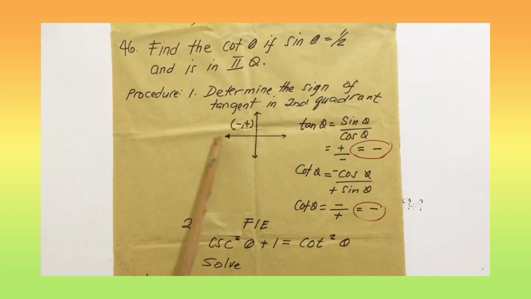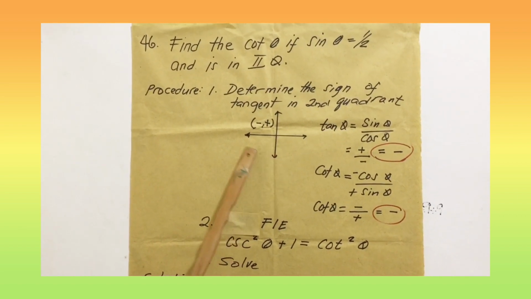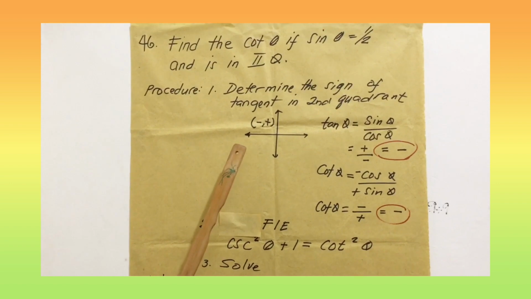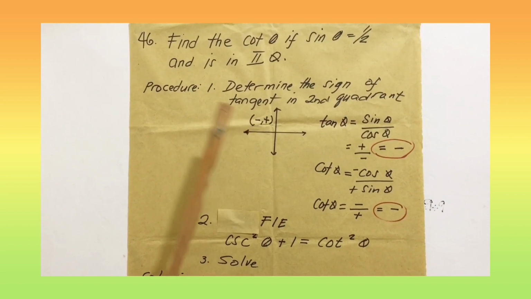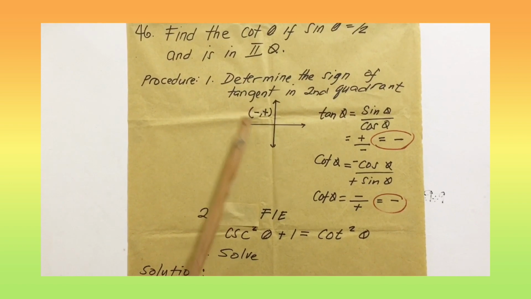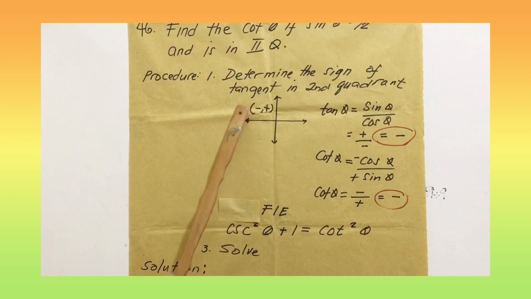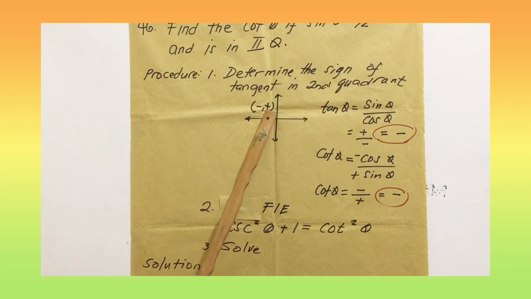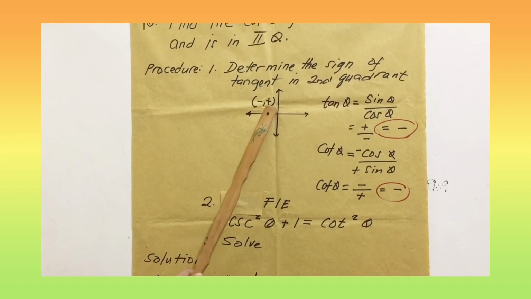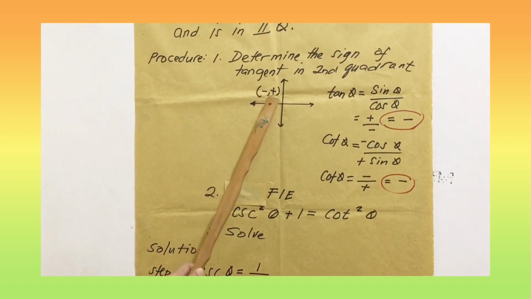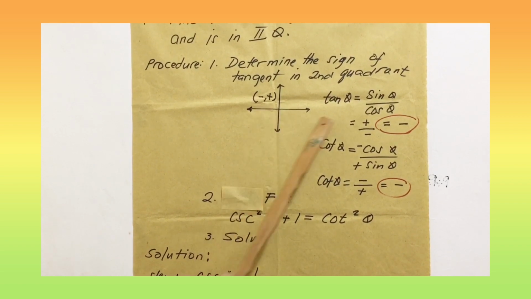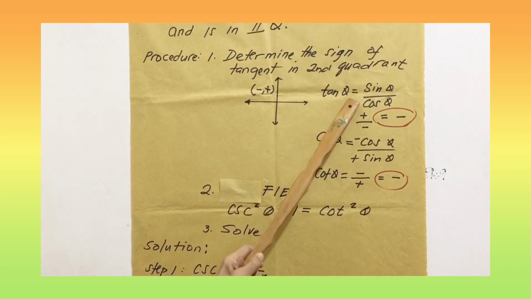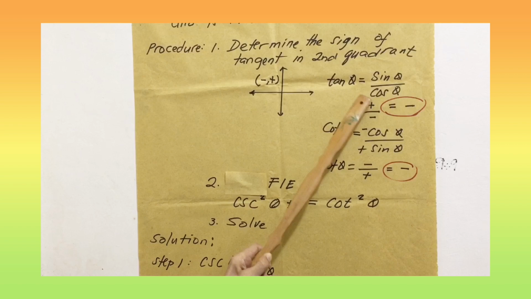This is the Cartesian plane introduced by the mathematician René Descartes. In the second quadrant, the sign of the coordinates is that the abscissa is negative and the ordinate is positive. So tangent theta is equal to sine theta over cos theta.